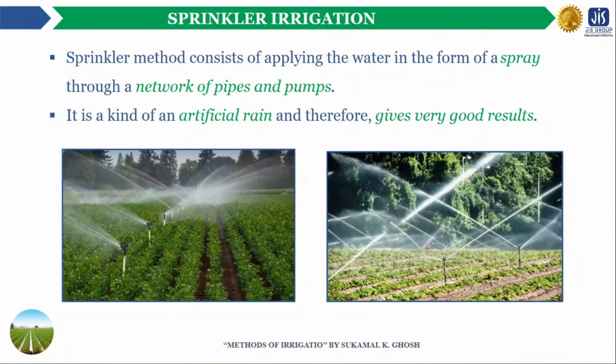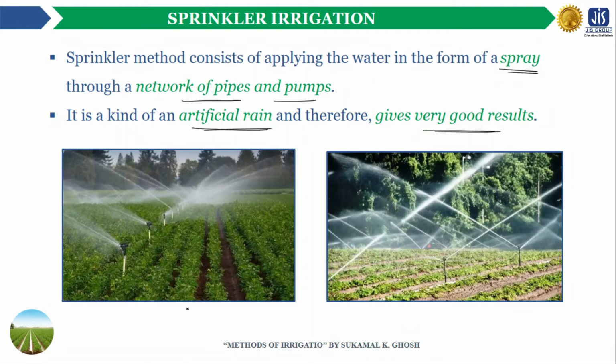Now, in the sprinkler irrigation method, the irrigation water is applied to the land to be irrigated in the form of spray, somewhat as in ordinary rain, and the spraying of water can be performed using a network of pipes, pumps, nozzles, etc. And since this sprinkler method of irrigation is a kind of artificial rain, it provides very good results.